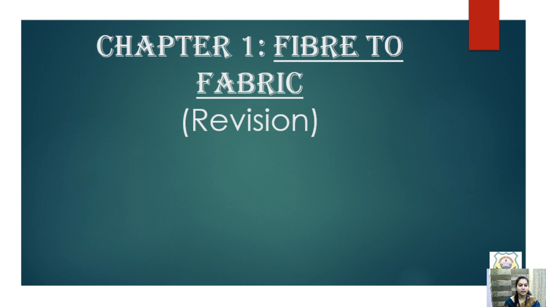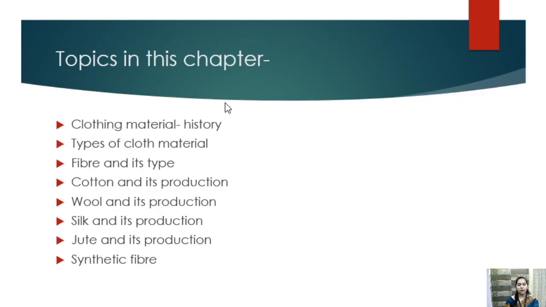These are the topics included in this chapter: clothing material, their history, how it came into existence, then types of cloth material, fiber and its type, cotton and its production, wool and its production, silk and its production, jute and its production, and synthetic fiber.